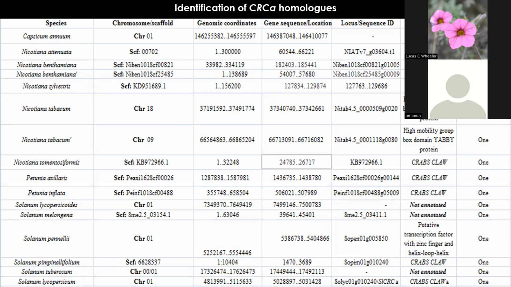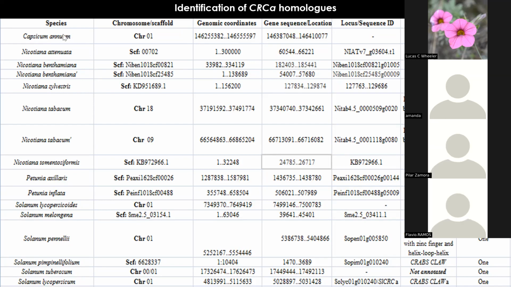So I used the sequence of this gene and did a BLAST analysis on all the genomes available to me on the database. I found that this gene is present in all the genomes that were available. The problem was that it was not annotated, but we followed a bioinformatic pipeline and dug out the gene.